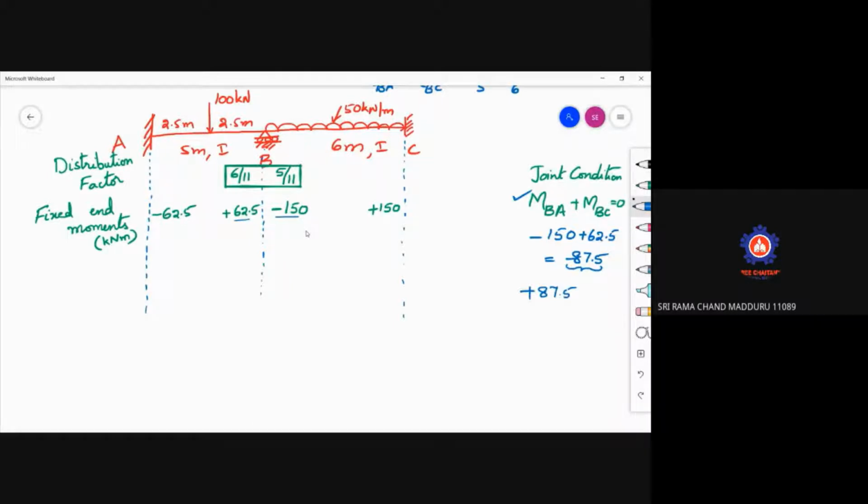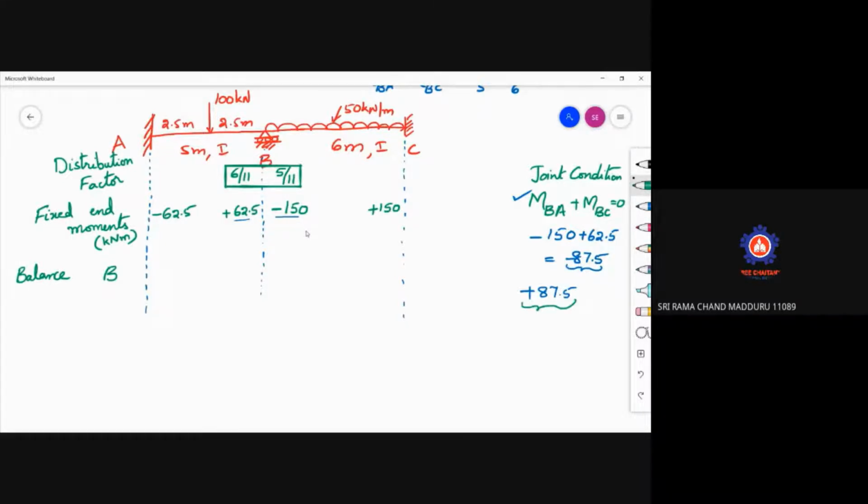So write down here balance B. We are going to balance support B. The difference of the moments at joint B is taken with the opposite sign and multiplied with the distribution factors.